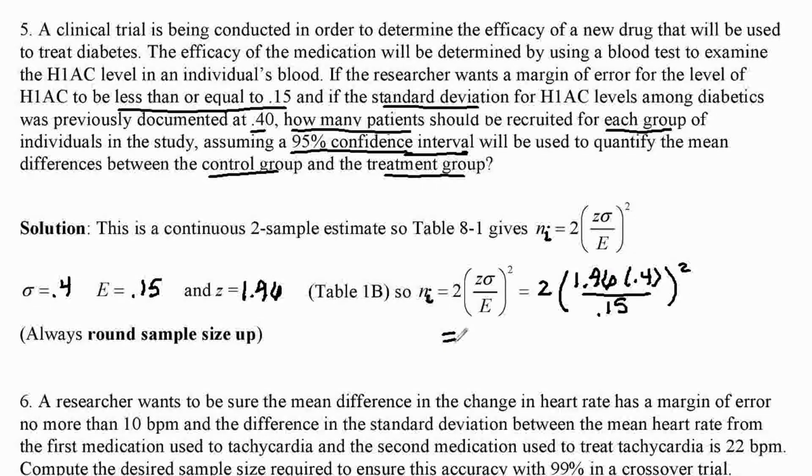And then if you enter this into your calculator, you get approximately 54.6. And then remember, sample sizes, you always round up. So this will be approximately 55. So 55 individuals, and that's going to be in each group, because this is n sub i. That's not the total between two groups, that's each group.